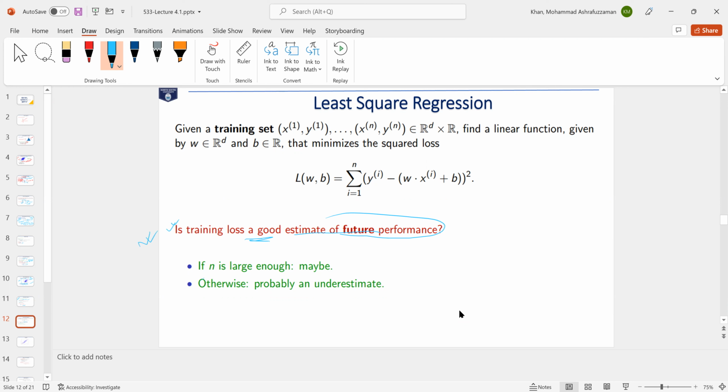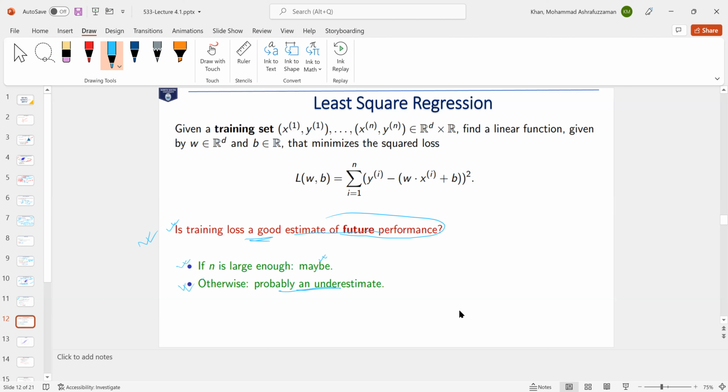So the answer is, actually we cannot say that. If n is really large, then maybe, because if we can collect a very big data set, maybe it contains most of the population properties. So maybe if we build a model using that large data set, in future we'll get better performance. But otherwise, we really cannot.